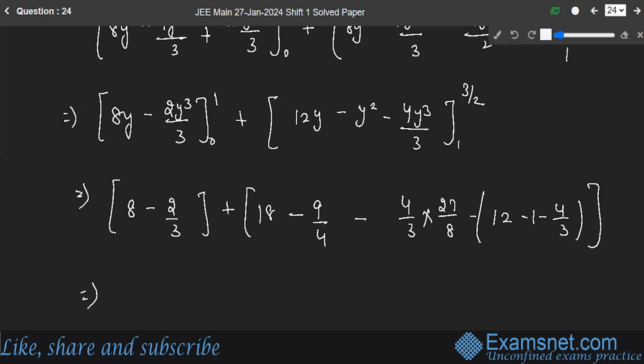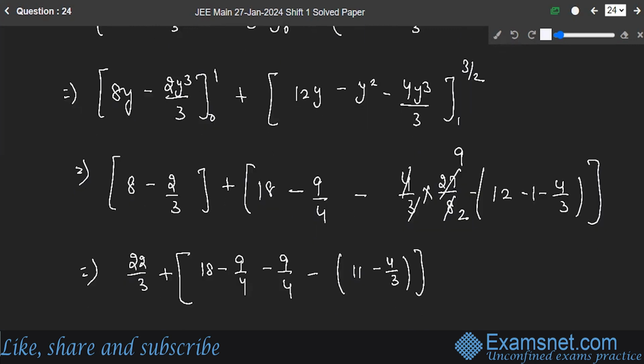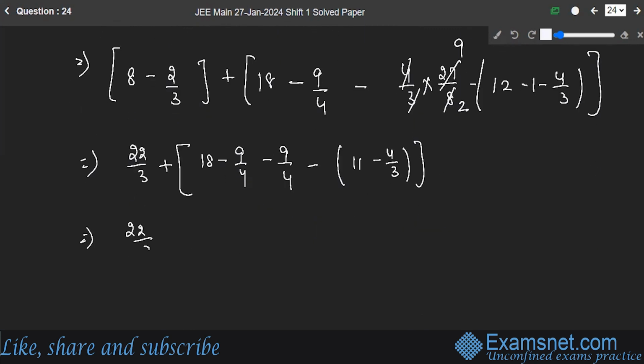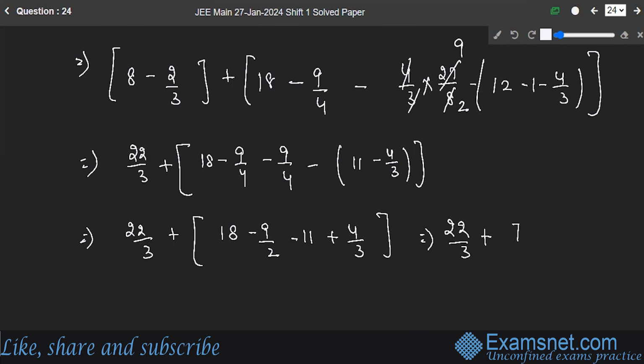Okay, so this will give me 22 by 3 plus 18 minus 9 by 4. Here will be the reduction cancellations. 9 minus 9 by 4, minus this will be 11 minus 4 by 3. So this will be 22 upon 3 plus this will be minus 9 by 2 minus 11 plus 4 by 3. So 22 by 3 plus 7 minus 9 by 2 plus 4 by 3.